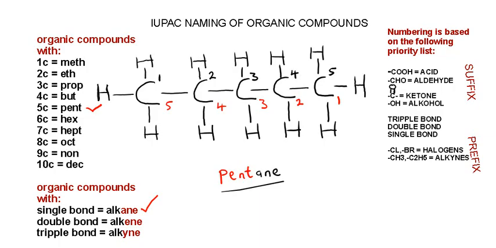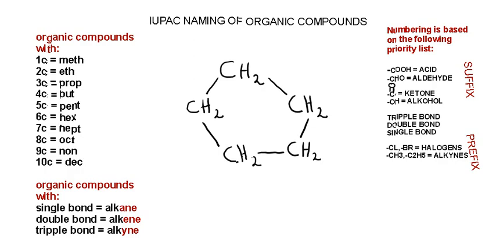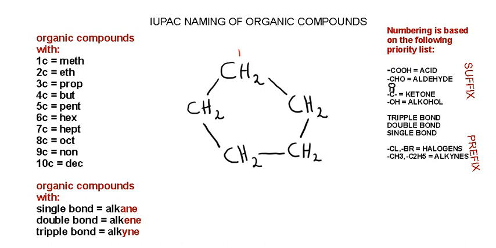Okay, let's go ahead. Look at this organic compound also. We are going to start by numbering it: 1, 2, 3, 4, 5. We have identified 5 carbons in this organic compound, and 5 carbons is called pent.